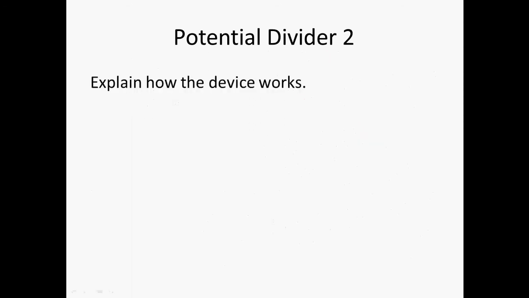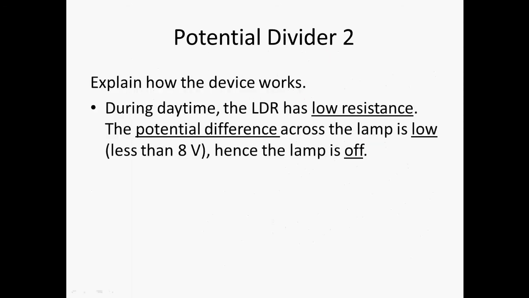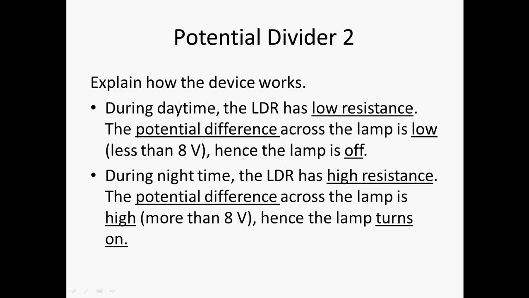So how do you explain how the device works? During the daytime, the LDR has low resistance, and the potential difference across the lamp is low, less than 8 volts, which is significantly less. Hence, the lamp is off. If you are asked to explain in an examination, this is how you should answer with all the keywords.